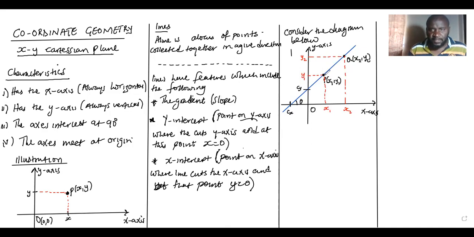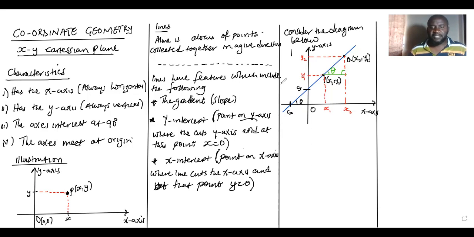Okay, so still, if one is to identify this line here, you would see that if this is 90 degrees, because of the right angle triangle, this angle will also be theta.